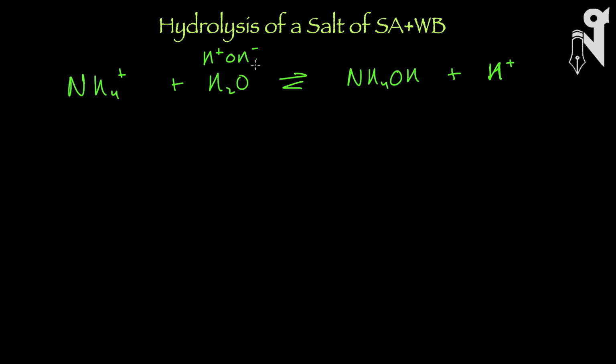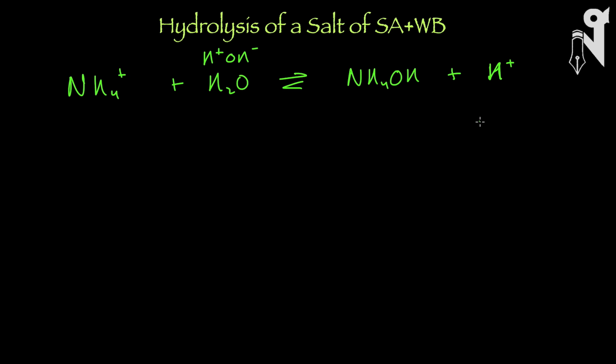So this NH4 actually combines with OH minus because it's a stable molecule. It wants to remain as a molecule. So NH4 readily combines with OH minus and H plus is released. As in my previous bluff question, over here also the question is, why is this process not a very likely process?